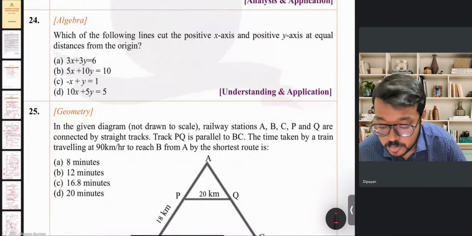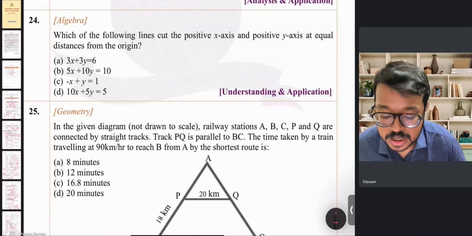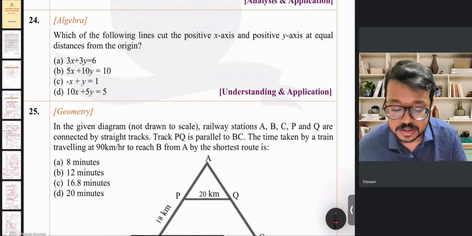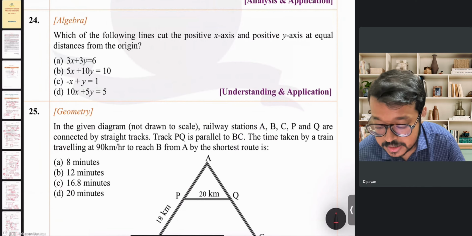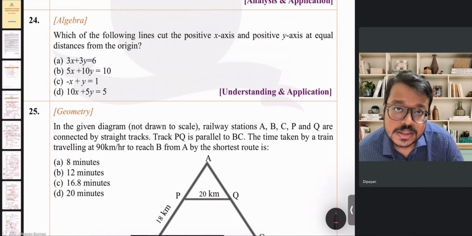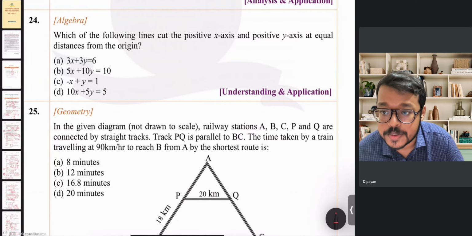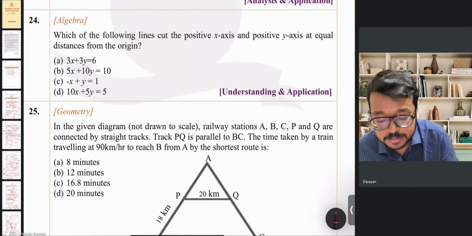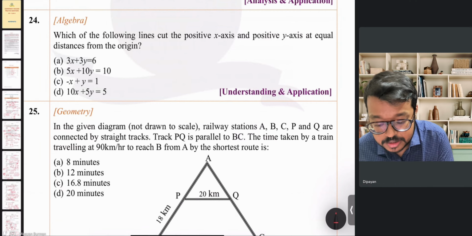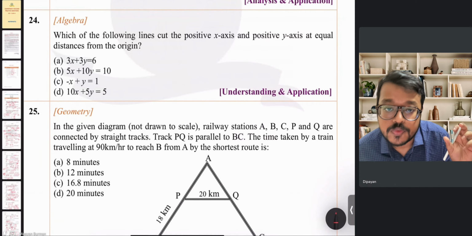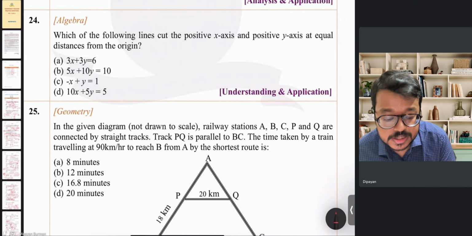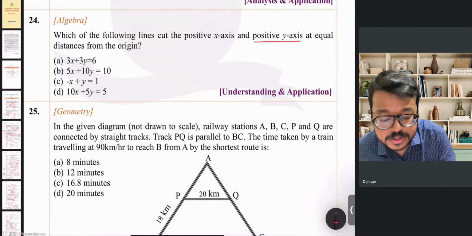Moving ahead, which of the following lines cut the positive x-axis and the positive y-axis at equal distances from the origin? Again, this question can be looked at in a couple of different ways. So one thing is about the line cutting some value from the y-axis. That is your y-intercept.